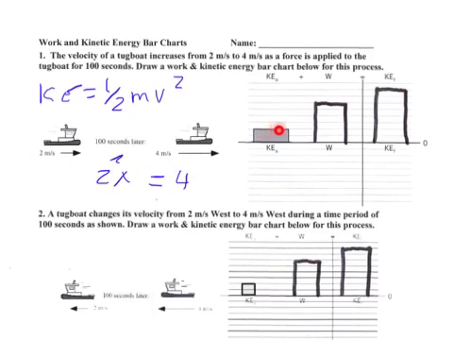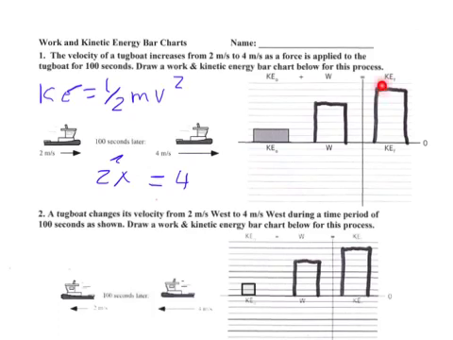So here we're using 2 bars to represent 2 units worth of kinetic energy. I'll have to have 4 times as much, so that's 8 lines high. So I draw this 8 lines high, representing 4 times as much kinetic energy as what I started with.